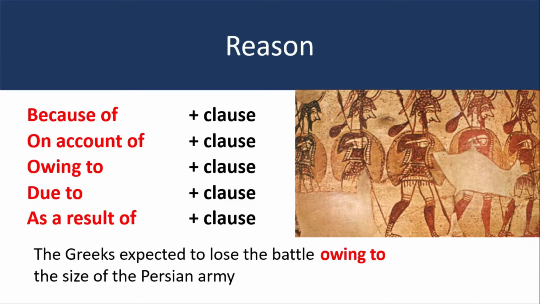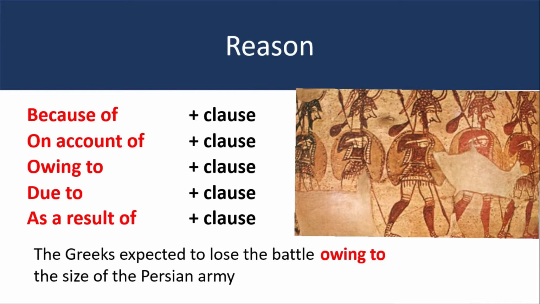All of these linking expressions mean the same. You can say the Greeks expected to lose the battle because of the size of the Persian army, or on account of, due to, and as a result of the size of the Persian army.